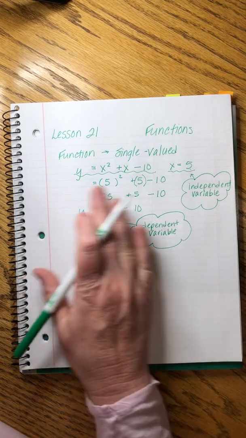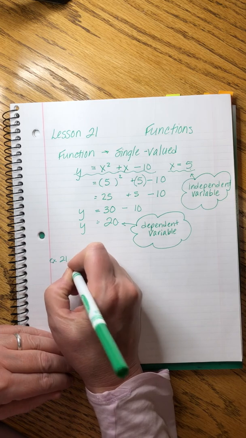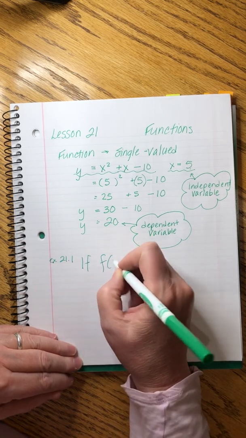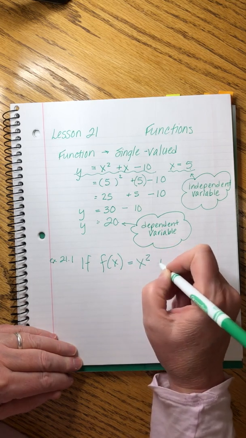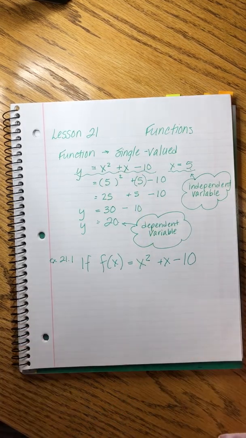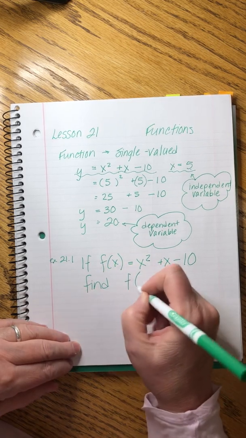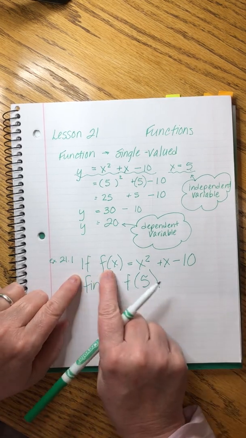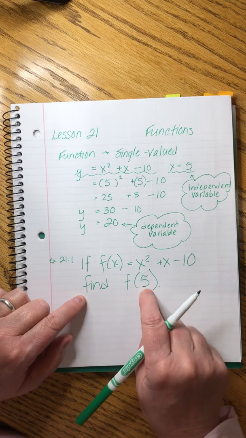However, we changed the presentation just a tiny bit, and that's the first example. And I'm going to write it out for you as it's written in the book. If f of x equals x squared plus x minus 10, find f of 5.